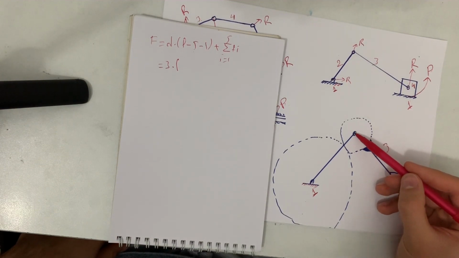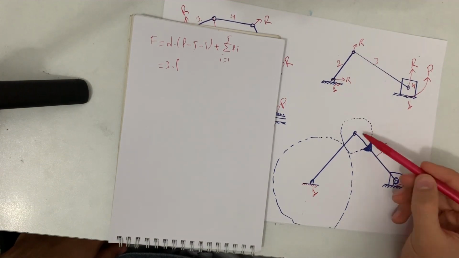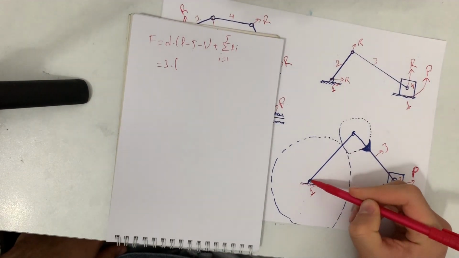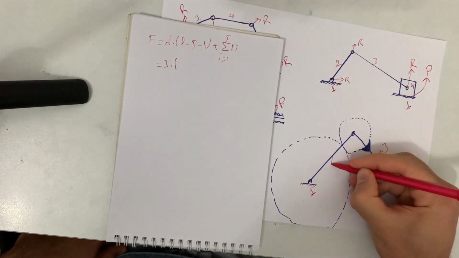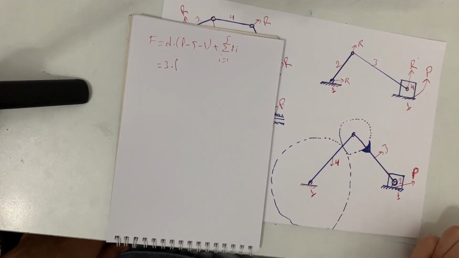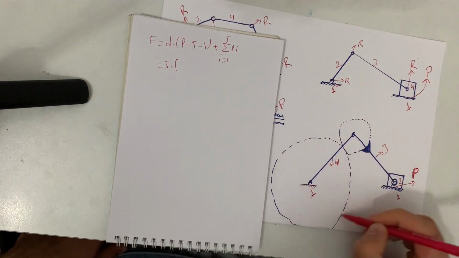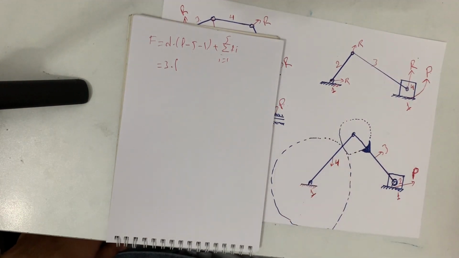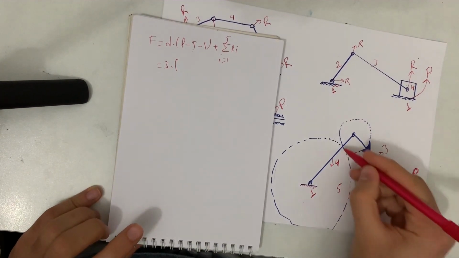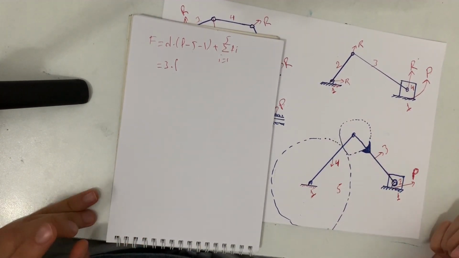So another link is starting over there, which is the center of this gear, and it keeps going till this point. So this is our fourth link, guys. So we have another gear over here, and this is also a rigid body. So you should write down 5 there. I mean, this gear is our fifth link.